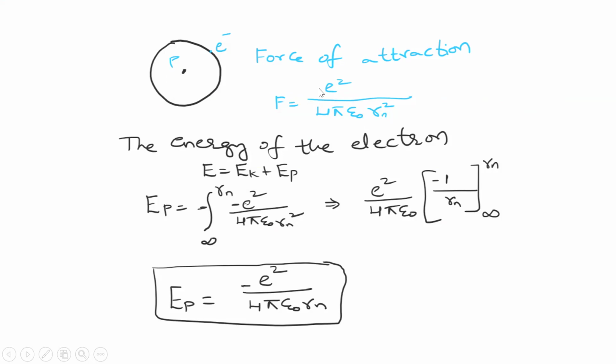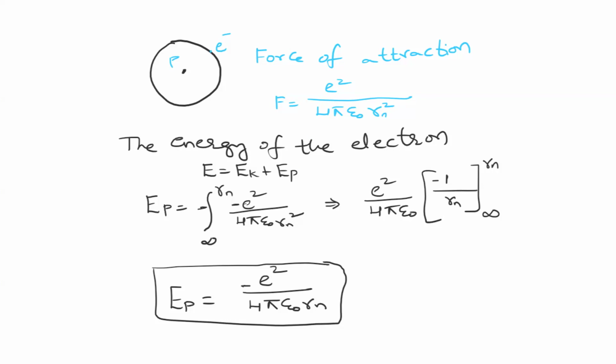Please put this minus here. The energy of the electron is Ek plus Ep, which is kinetic energy plus potential energy. So potential energy is the integral from infinity to Rn of minus e square by 4 pi epsilon Rn square. Here potential energy is nothing but the amount of energy required to bring the electron from infinite potential to the Rn orbit, meaning the orbit with radius Rn around the nucleus.